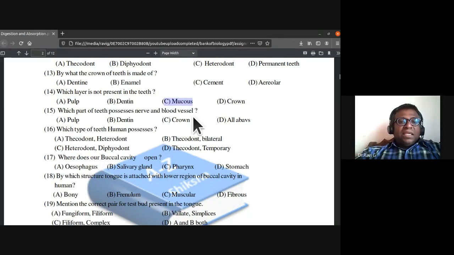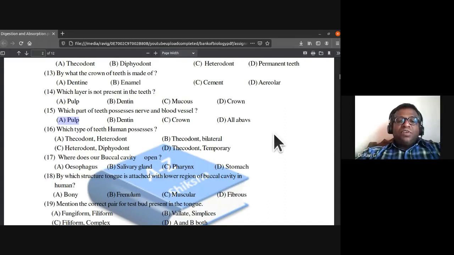So that is the answer. So which part of teeth possesses nerve and blood vessel? Pulp, dentin, crown, all of the above. So it would be the pulp part of it as far as I remember. So 15th one, the answer is pulp.